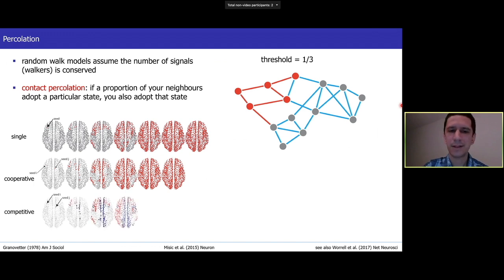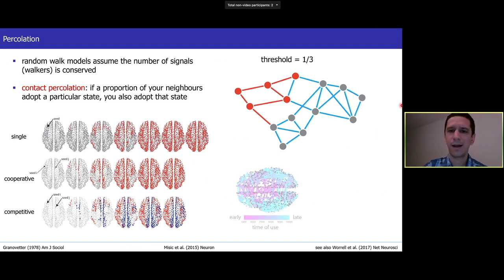Or we can endow these signals with different content, and we can ask how they spread through the network, and ultimately where do they form fronts and where do they integrate in the network. So we can ask questions such as which projections are being used to transmit these signaling cascades.